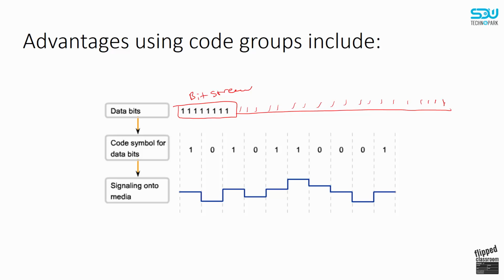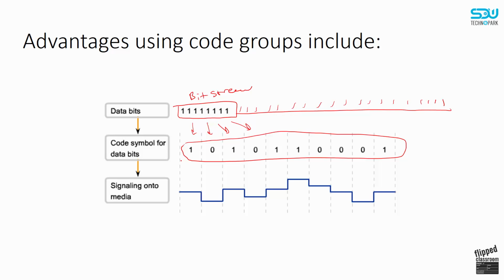One of the reasons for encoding is to provide differences in the bit stream, so as a result you may have a situation like this. This bit stream is represented as the bit code, and the bit code now has some differences.